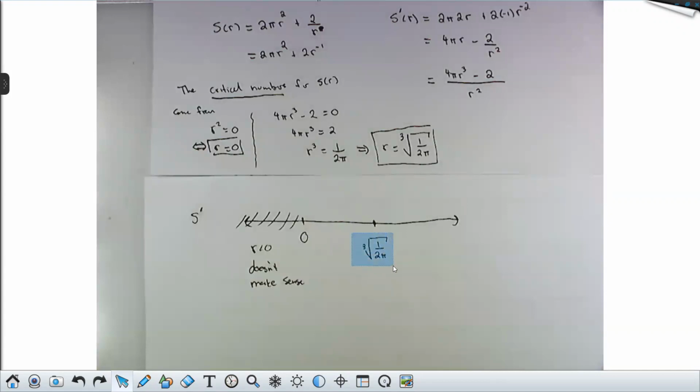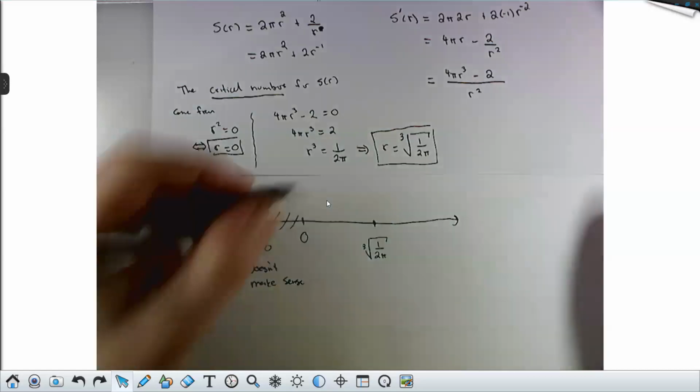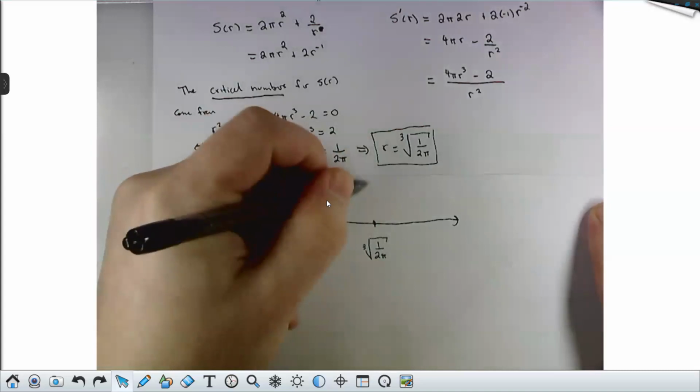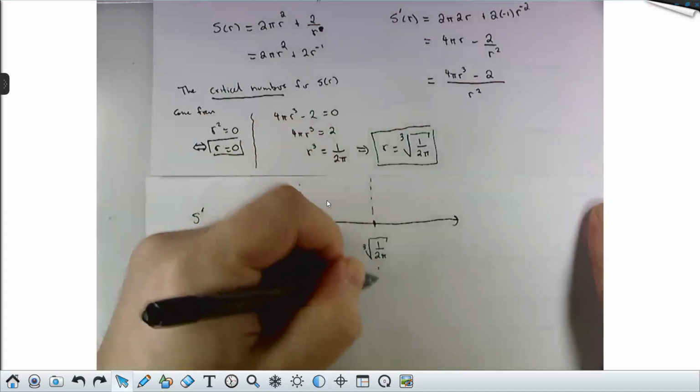I honestly don't know how big this is, right? Pi is about 3, so 1 over 2 pi is about 1/6. The cube root of 1/6, I really don't know. But we can take a guess and say that it's probably bigger than 1/10. So we could try plugging in 0.1 for r. If you want, you could use a calculator to estimate this just for fun.